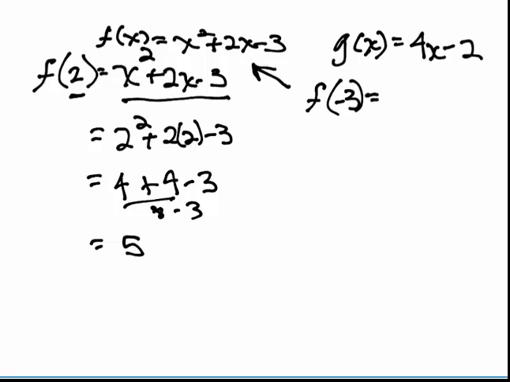Remember it's a negative 3, and this is what you want to keep in mind: we're going to square the entire negative sign and the 3. Then you put it into 2 times that negative 3 minus 3. Work to solve. This would be a positive 9.